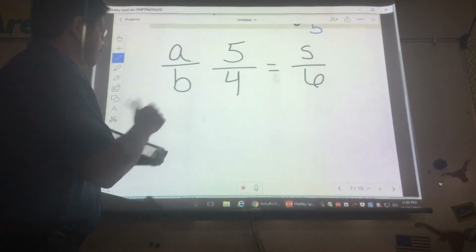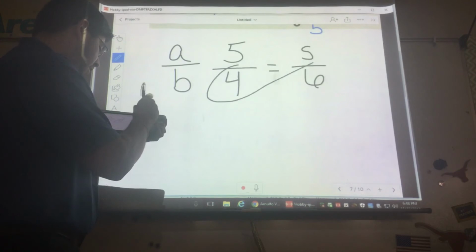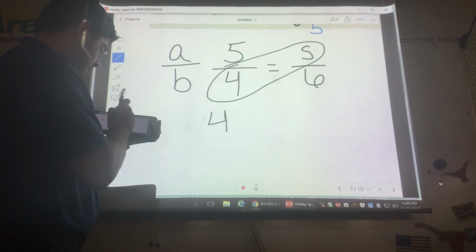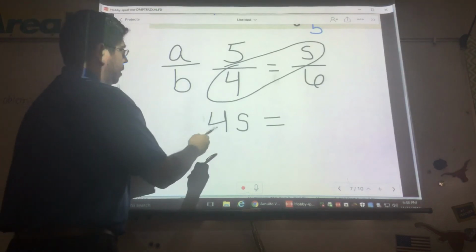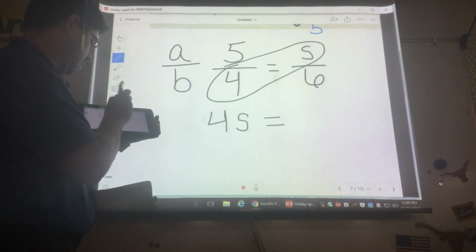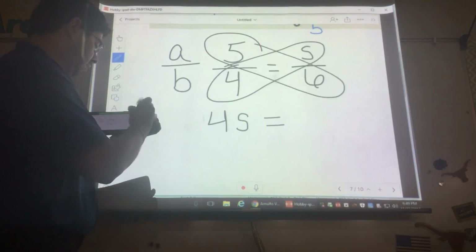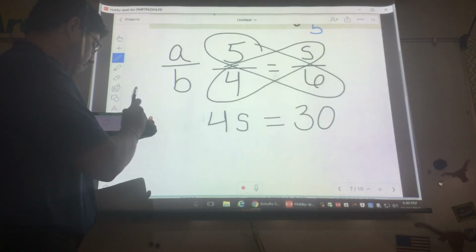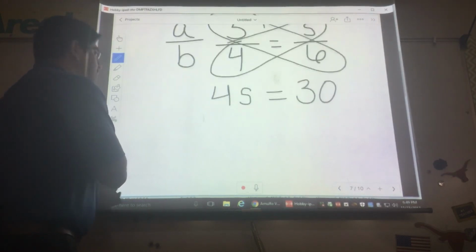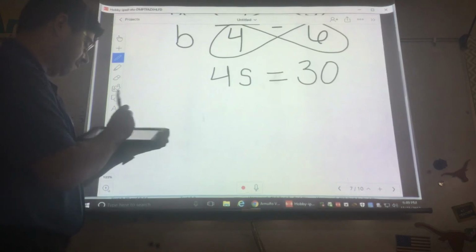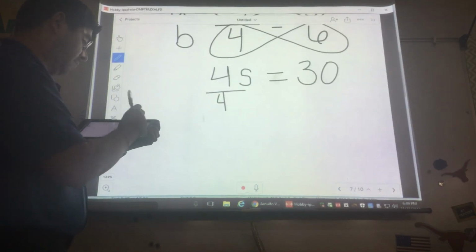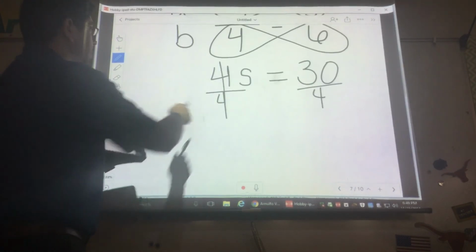Okay? So I'm multiplying the 4 times S first. It's going to give me 4S equals, I'm making my S's kind of look different than the 5's, 5 times 6, which is 30. So now I can just divide by 4. Divide by 4. That makes 1.